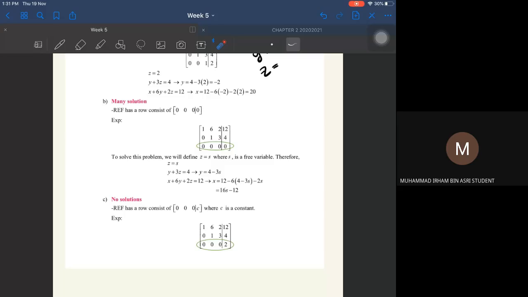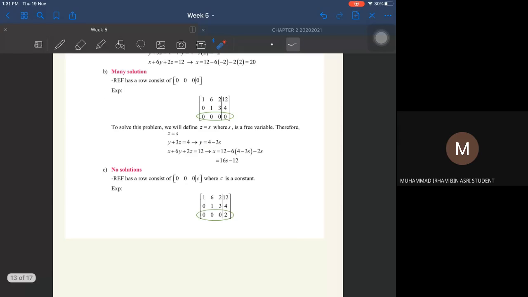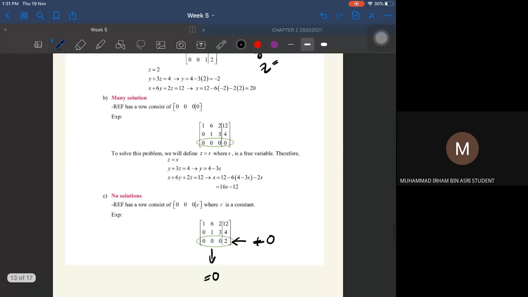Okay. And the last one, no solution means bila dekat sebelah kiri ni kosong, dekat sebelah kanan ada nilai. Tak kisah nilai apa. Okay. Sebelah kiri kosong is equals to 0. Sebelah kanan ni not equals to 0. Any value which is not equals to 0. Okay, so you akan dapat no solution. Kalau many solution, left hand side dengan right hand side mesti sama dengan kosong.